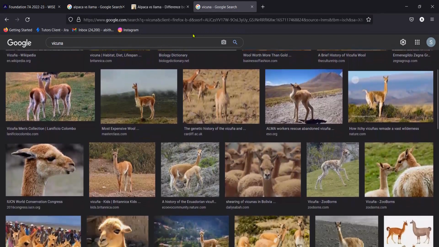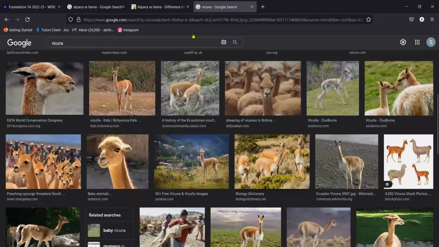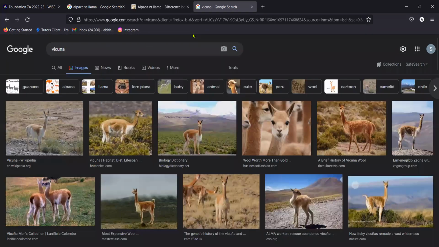It looks like a deer. Vicuna's face looks like a llama's. Vicuna is an endangered species of the llama family, so it looks like a llama only, with a deer-like look.